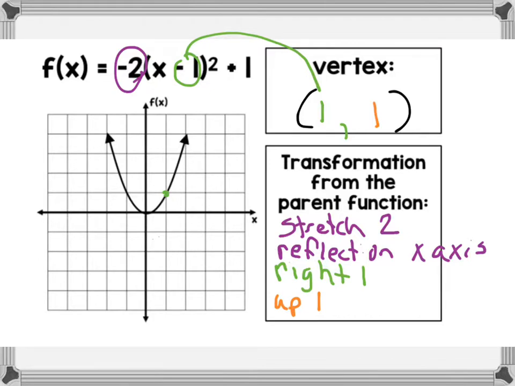So instead of going down 1, I'm going to go down 2. So I go right 1, down 2. Right 1, down 6. Well, 6 is off the page. So let's mirror the left. And then sketch my graph. So that's going to be the graph reflected across the x-axis and with a stretch.